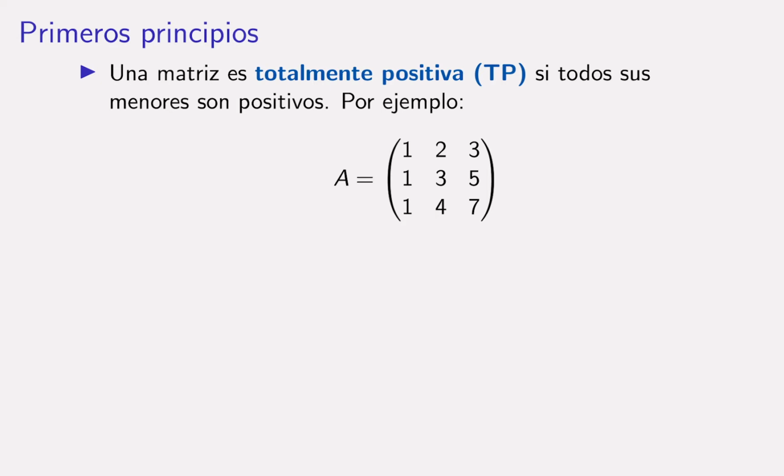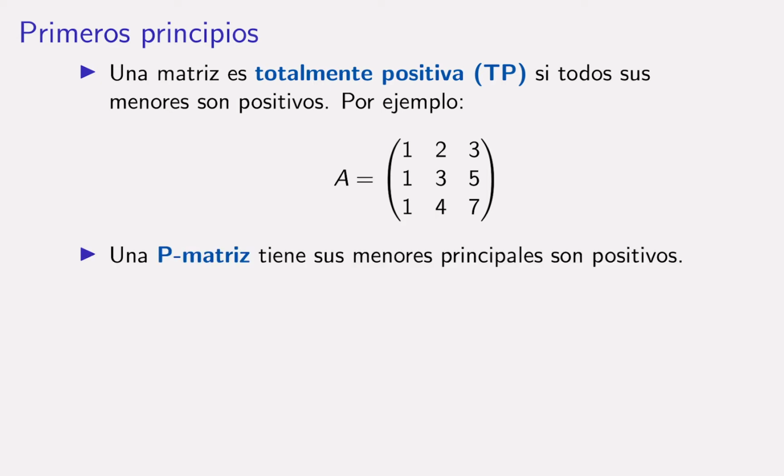Now, a weaker condition is when it's a P matrix. A P matrix is where only the principal minors are positive. The principal minors are those minors which contain the elements of the diagonal of the matrix. So we only need to have 1, 3, and 7 positive. I don't care about these other numbers.